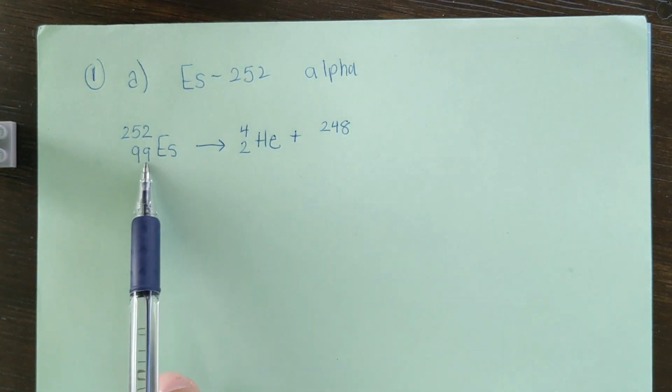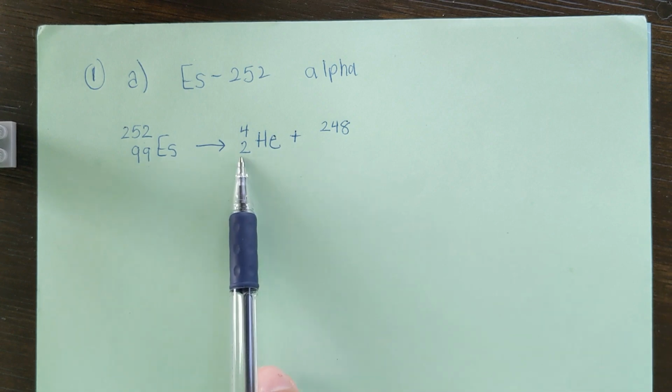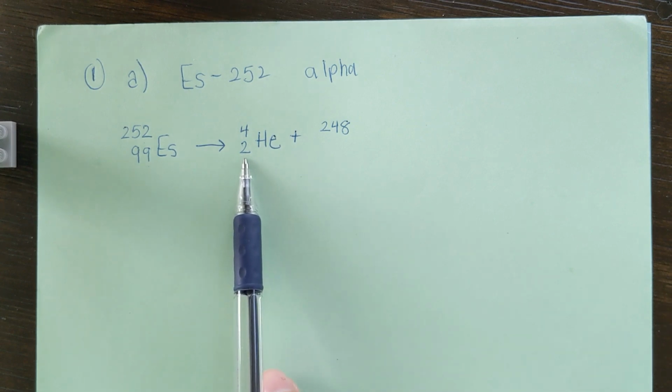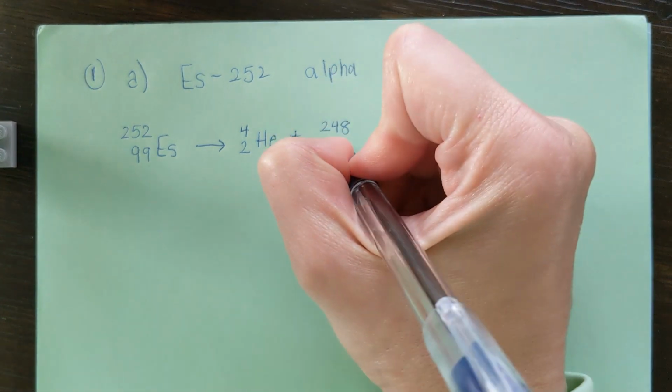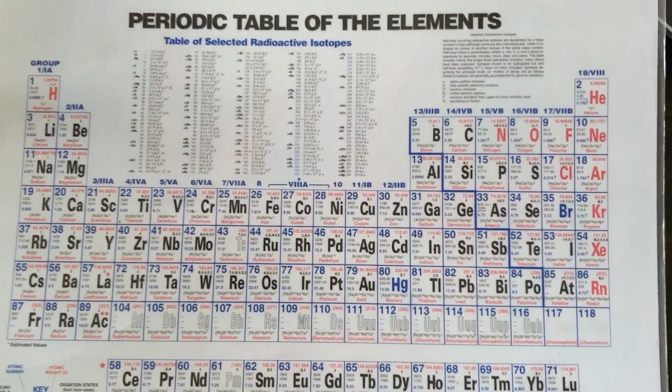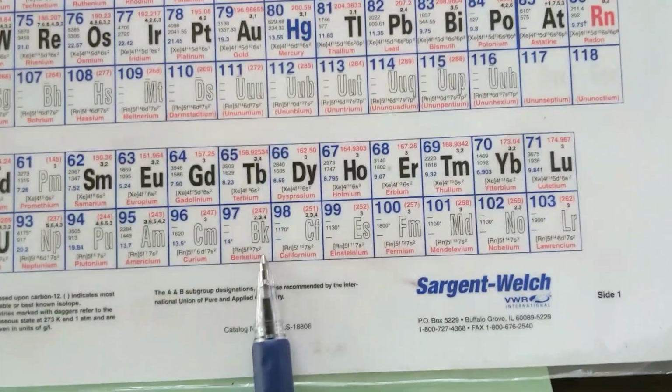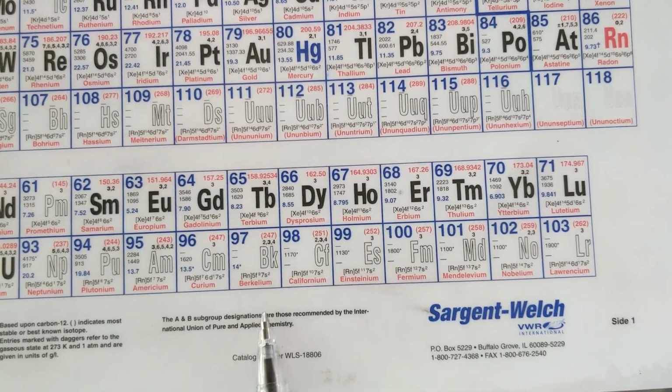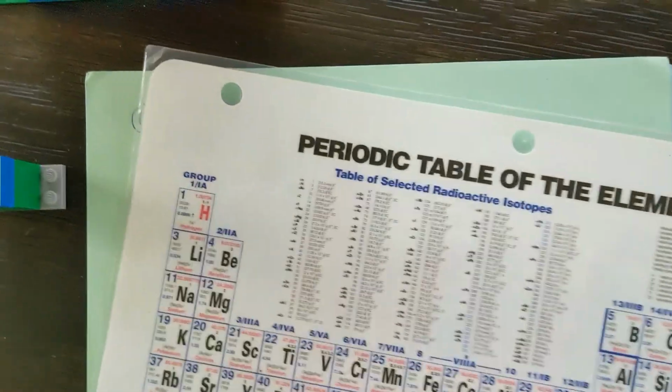If we have 99 protons, 2 of them are going into this helium. The difference, 97, is how many protons are in our new element. So if we look at our periodic table, we're looking for the element with 97 protons, and that is berkelium, so BK.